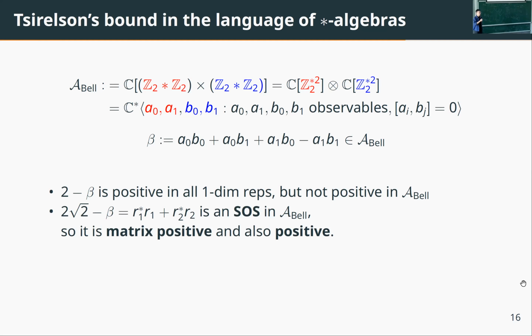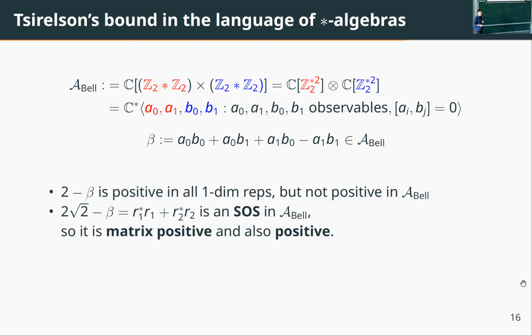Since it is a sum of squares, it is also matrix positive. So if you plug in any matrices or any operators, this is still positive. So 2√2 is the maximum violation you can achieve, no matter what strategies you are using.